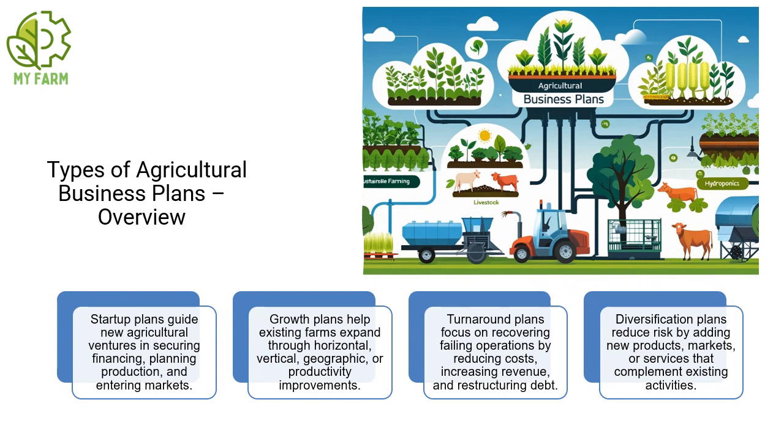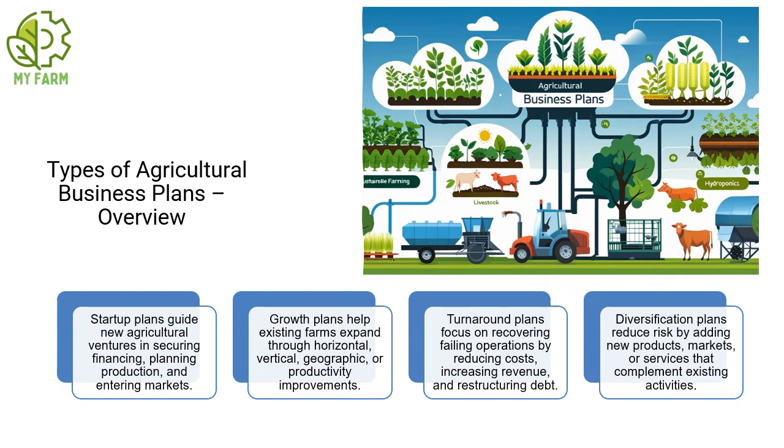The first type is the startup plan, which is used when launching a new agricultural enterprise. This plan focuses on defining the business idea, estimating costs, identifying resources, and analyzing market opportunities. It helps new farmers secure financing and establish a clear operational structure.